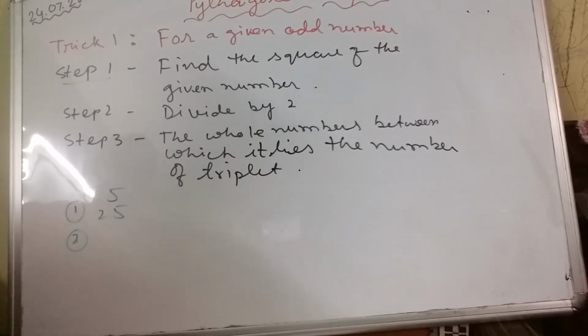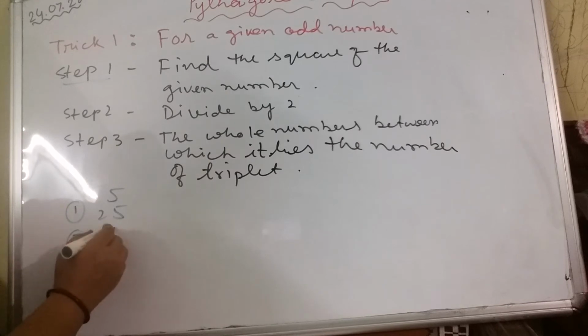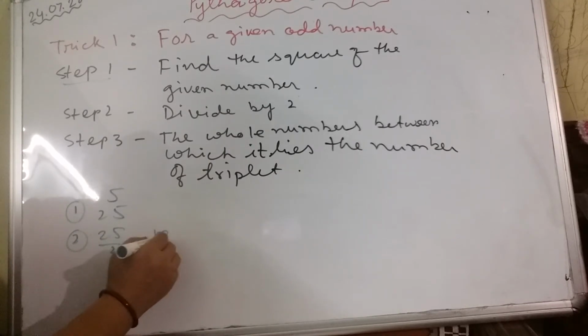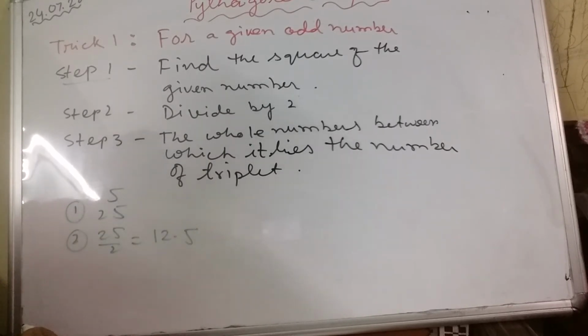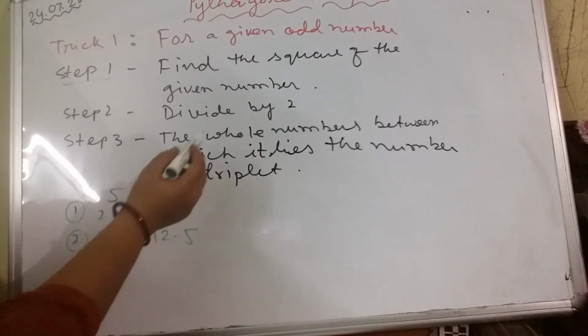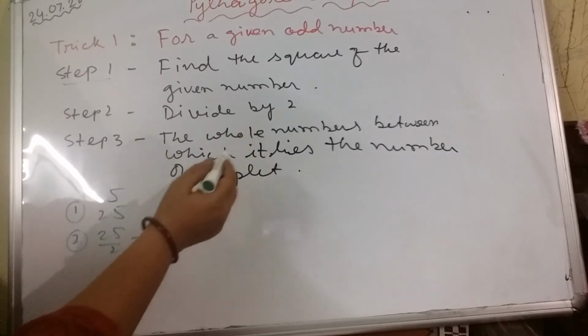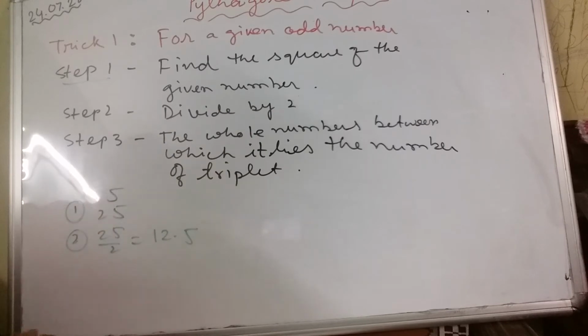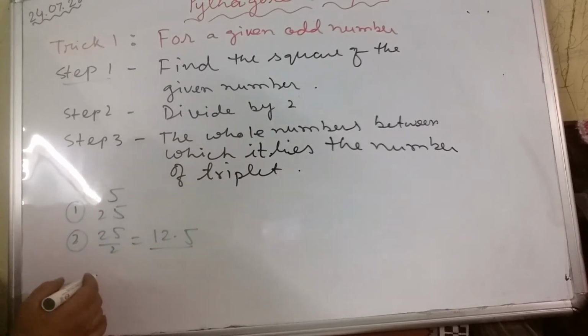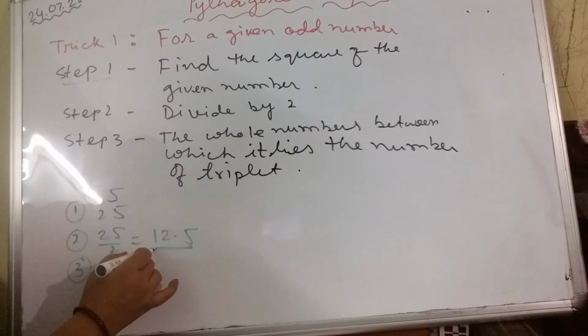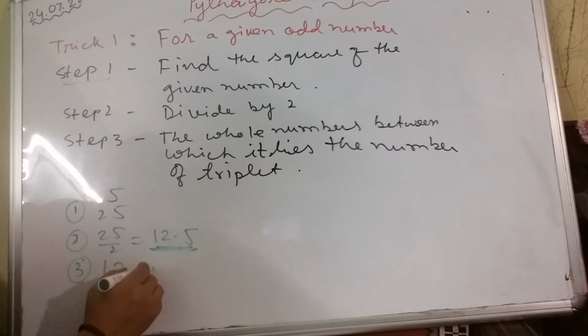Next step is divide by 2. 25 by 2 is what? 12.5. Okay. Third step is the whole numbers between which it lies. Now 12.5 is not a whole number, it's a decimal number. So it lies between 12 and 13.